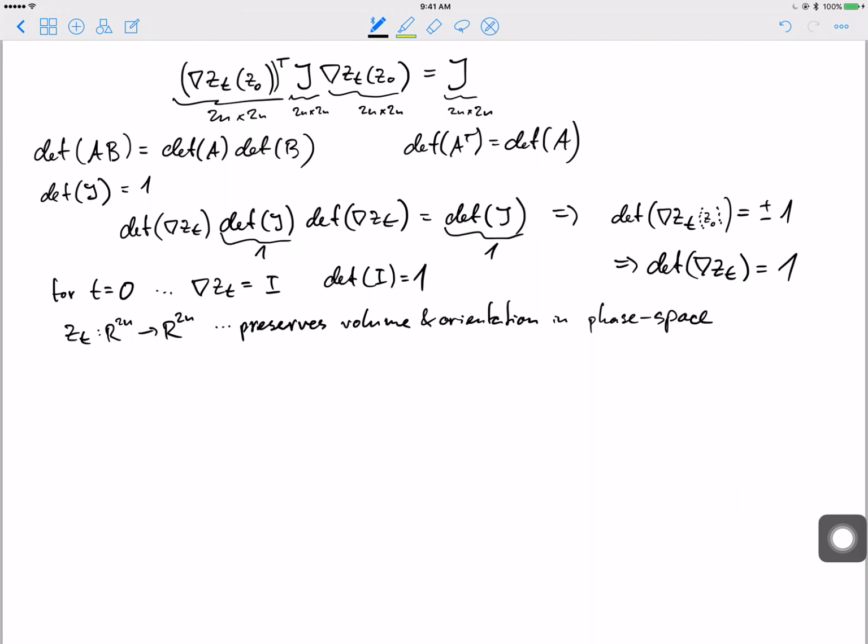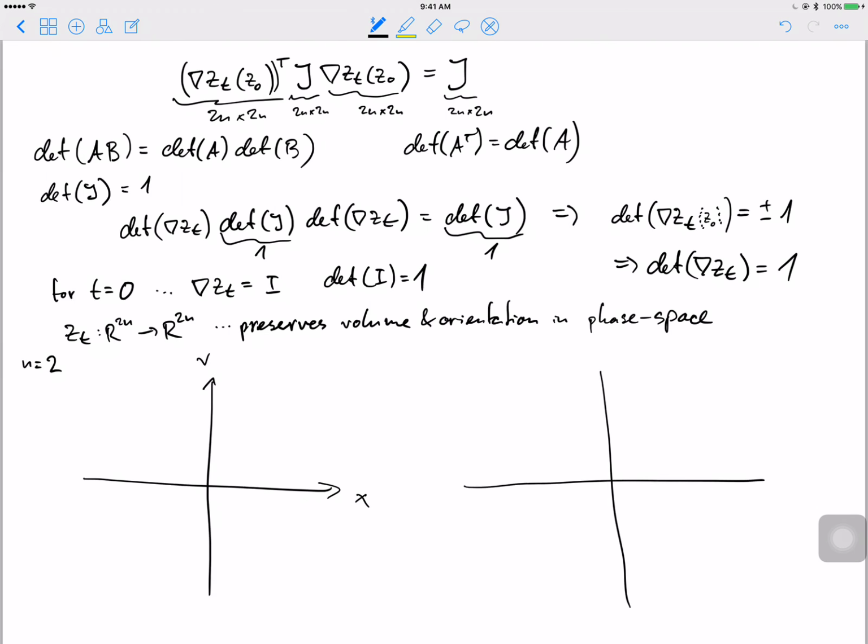Let me tell you, what does the volume preservation mean intuitively? If we go back for a moment to our 1D case, where the phase space was 2-dimensional, okay? You remember that I used to draw it like this, like the position and velocity. Imagine like the harmonic oscillator kind of thing, right? And this is the space of all the initial conditions.